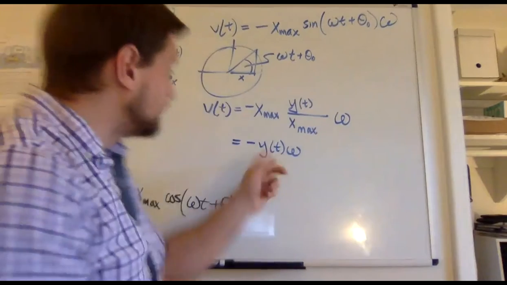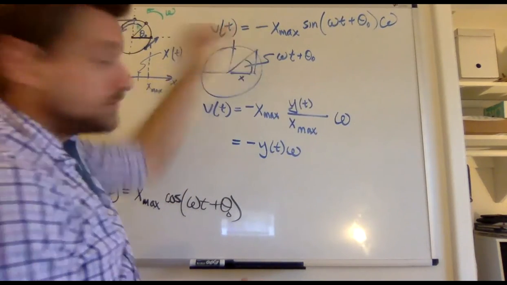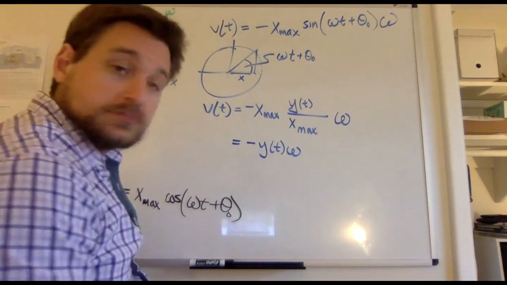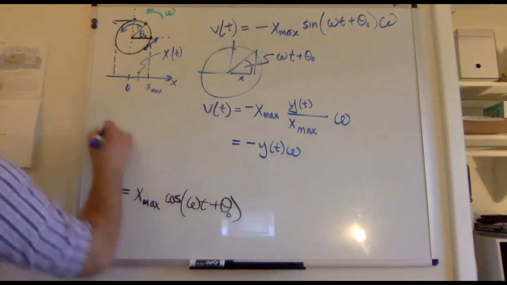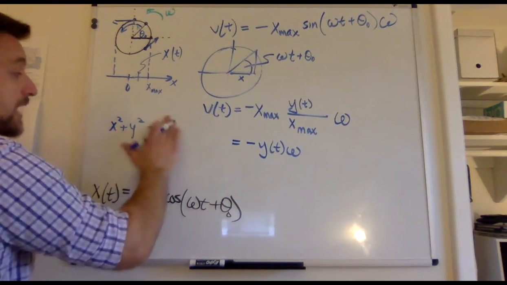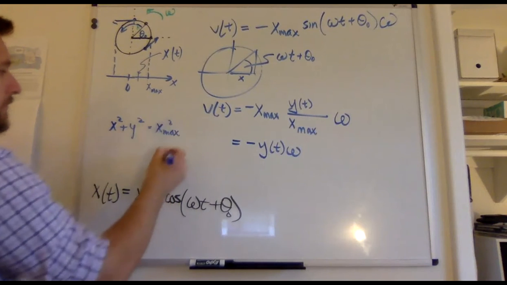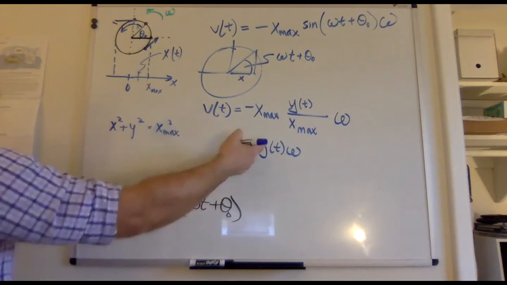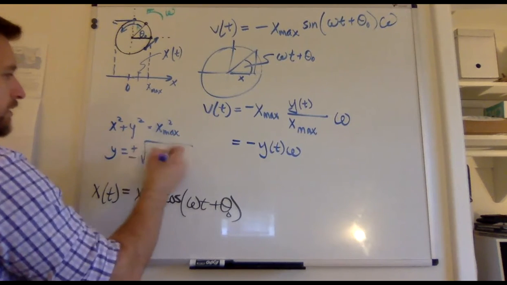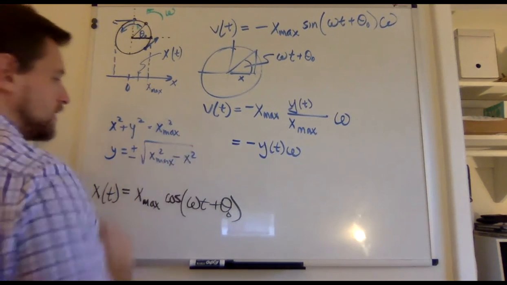But the thing is, this is a right triangle. So this y coordinate here, what if we represent it with the Pythagorean theorem? So we know that x squared plus y squared equals a squared, or x max squared. So if we solve for y, y is going to be either plus or minus the square root of x max squared minus x squared.